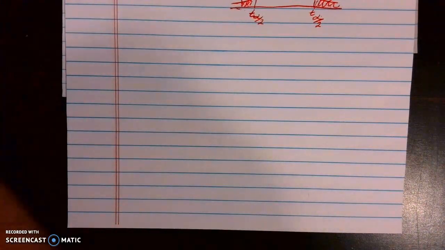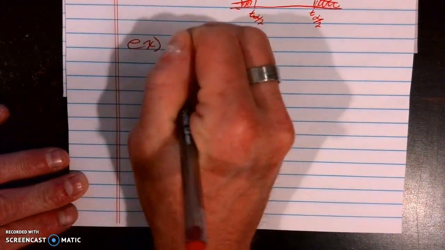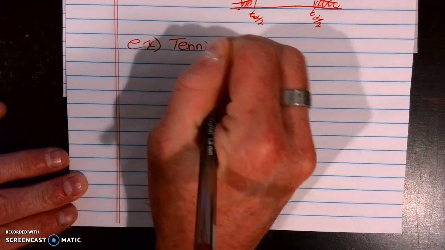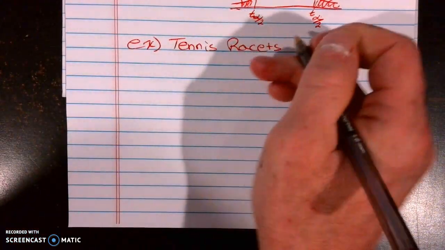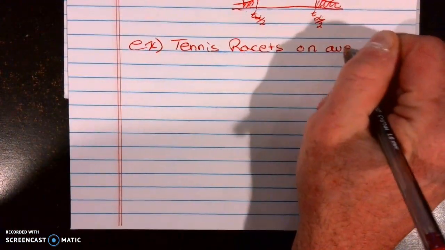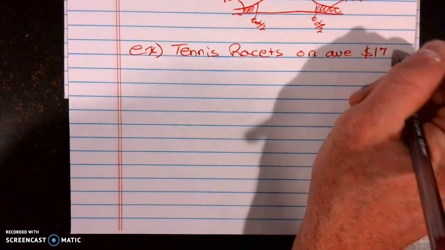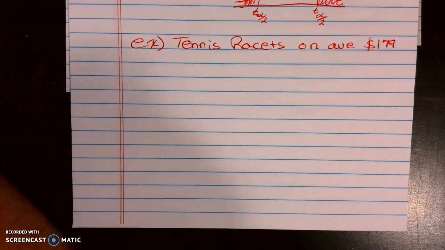So let's say that a tennis racket price on average is $179. Okay. And you bought a number of tennis rackets at an online auction site.